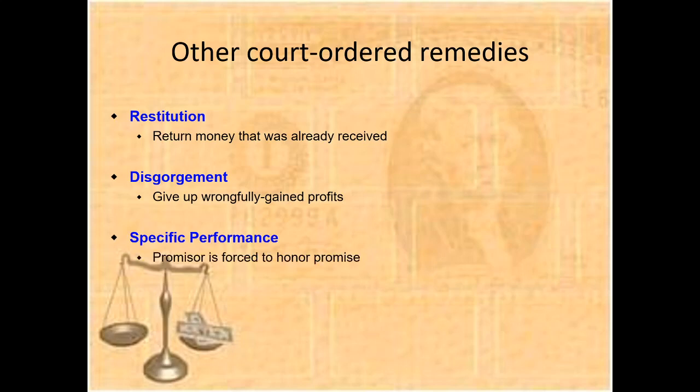The last point, the third remedy, is called specific performance. Even the court can talk about the specific performance case. What the court can say is that you have to sell. This is the third kind of thing which the court can order. The promisor is forced to honor the promise, like civil law, often ordered instead of money damage.